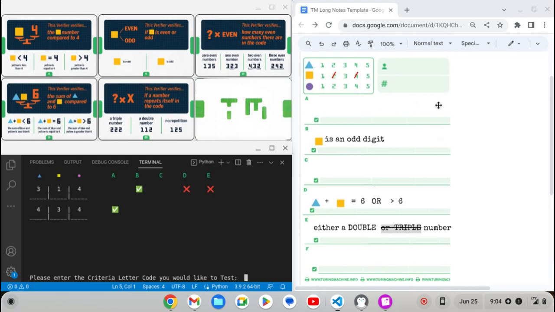So let me go ahead and write that out. That square is less than 4. Okay, so that means that it's not a 5, and that's the only thing we can say about that. So it's either a 1 or a 3.